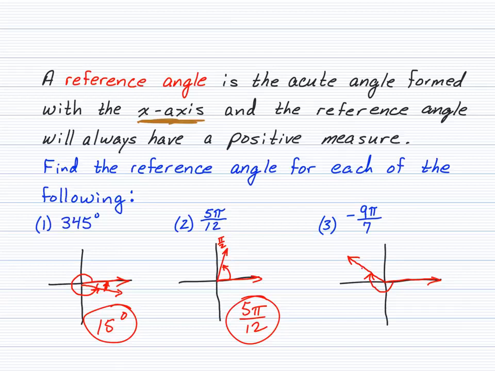The acute angle with the x-axis is this one right here. All right, so from here to here would be 7/7, which means this part right here is going to be 2/7. And so your reference angle is going to be 2 pi over 7. And as we mentioned, even though that was a negative angle, it says up here that the reference angle will always have a positive measure.